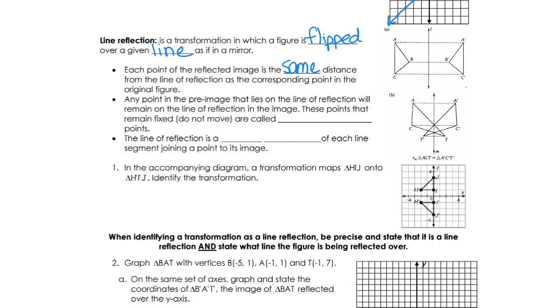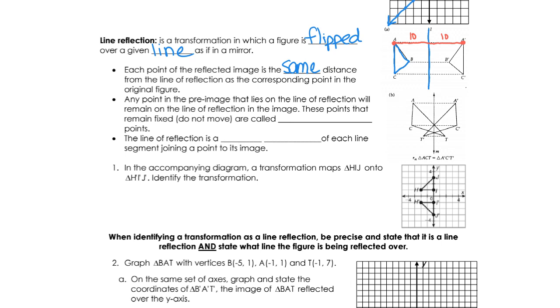So if this is my line of reflection and this is my original triangle, the distance from one of my points to the line, let's say that's 10 units, is going to be the same distance over my line to my new point. That has to work for all the points.